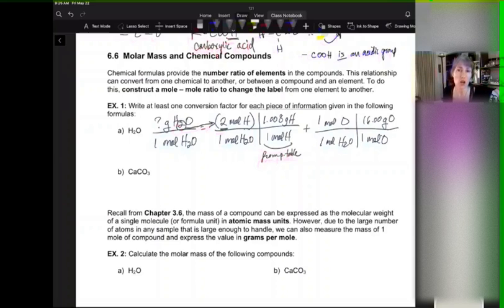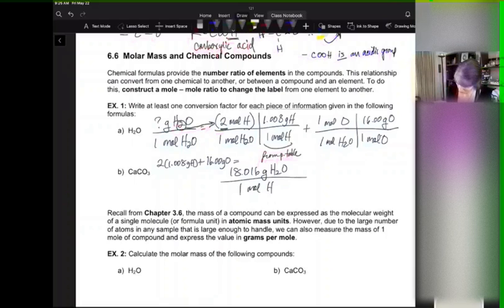So all this is a long way of saying 2 times 1.008 grams of hydrogen plus 16 grams of oxygen equals 18.016 grams of water in 1 mole of water. That's the molar mass for that compound.